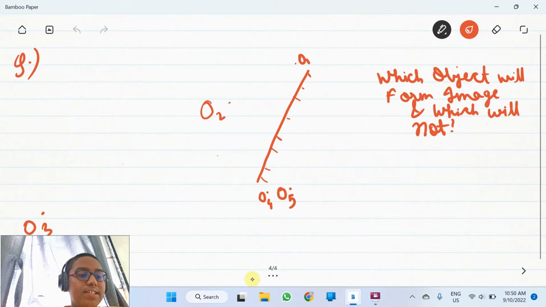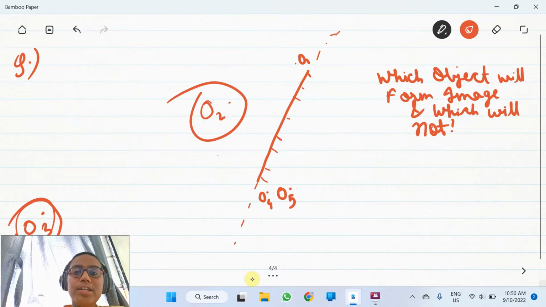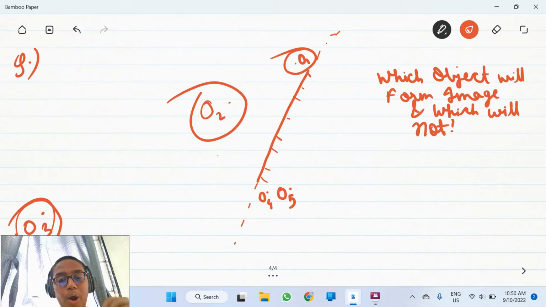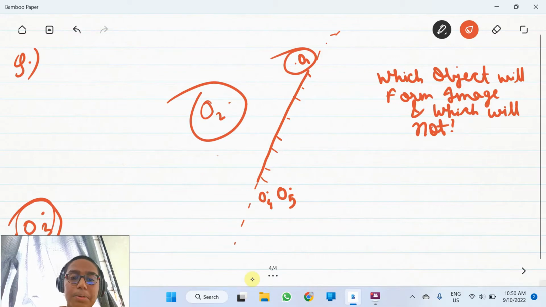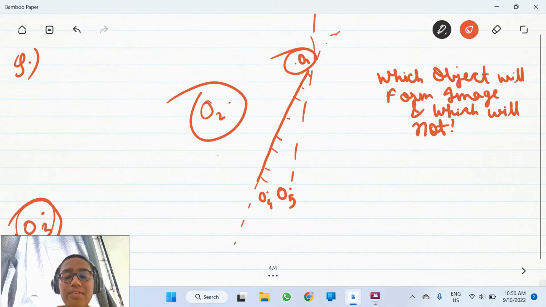We can clearly see that if we extend this mirror, somewhere in the virtual world, O3 will make an image, O2 will make an image, and O1 will also make an image. Now O5 is nowhere near the mirror, so O5 will not make an image.